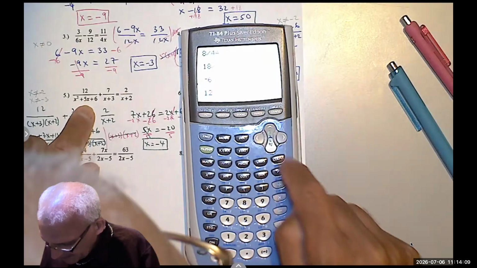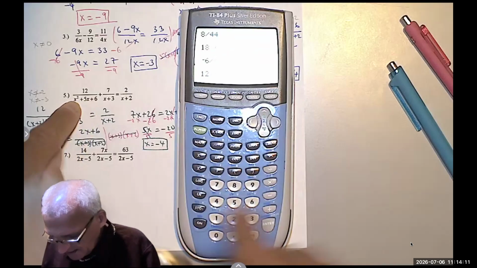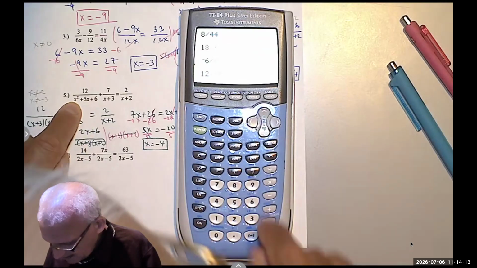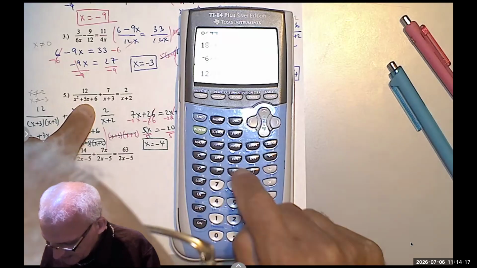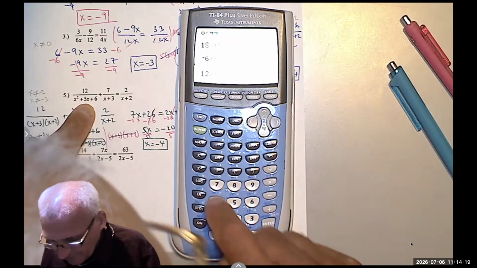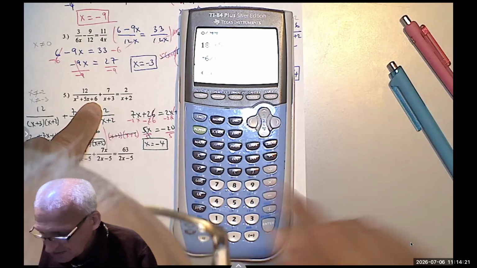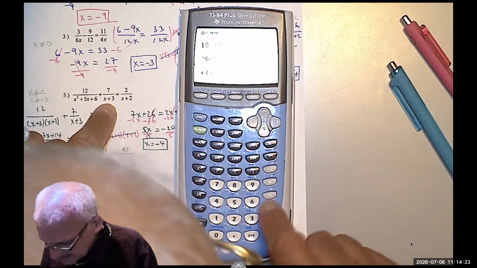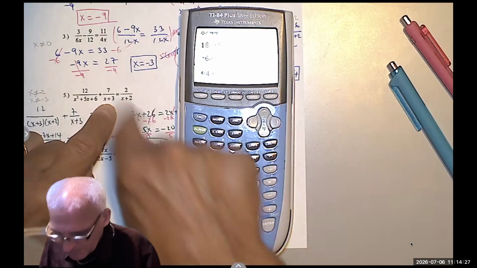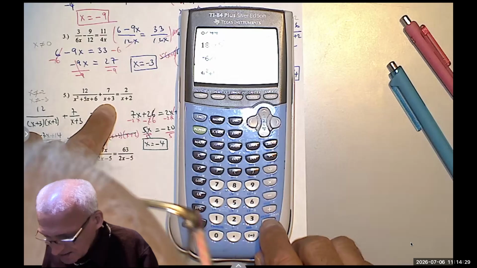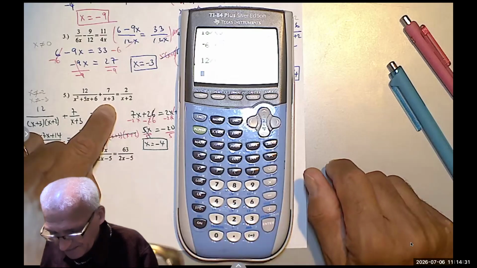12 divided by negative 4 squared plus 5 times negative 4 plus 6, close the parentheses, plus 7 over negative 4 plus 3 is negative 1, and that gives me negative 1.